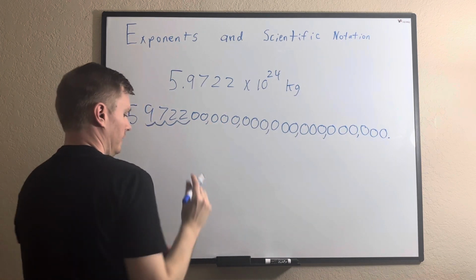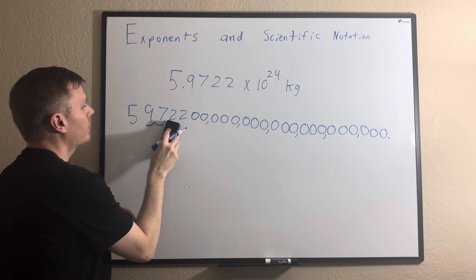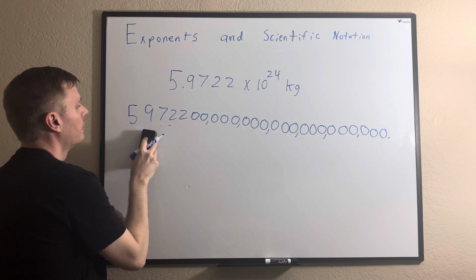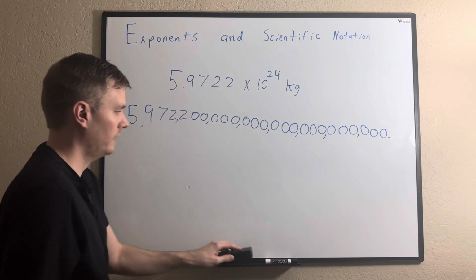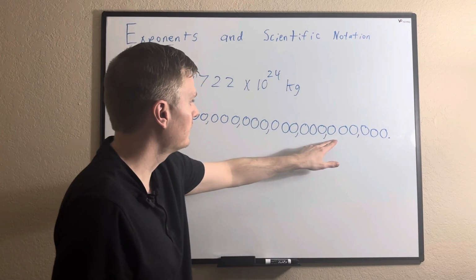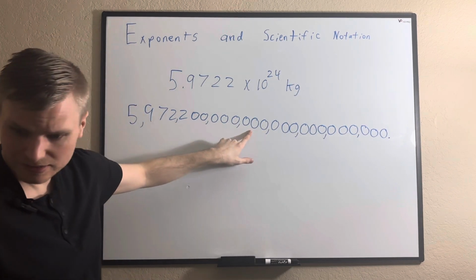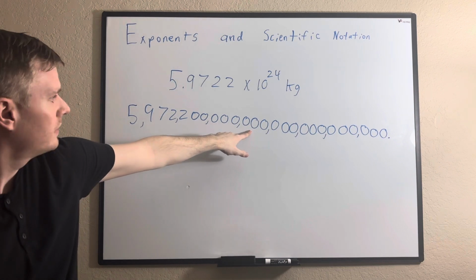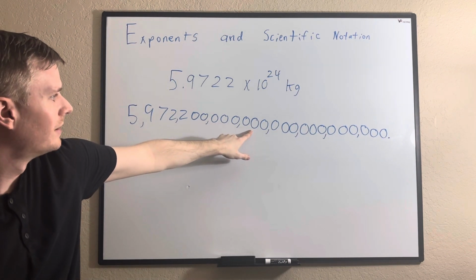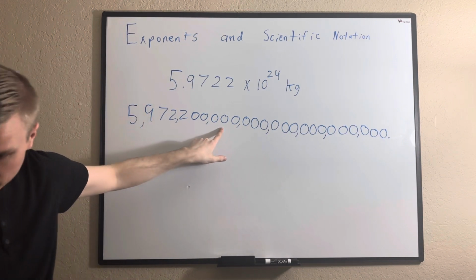That is the mass of the Earth in kilograms. Holy crap. It's the thousands, right? This is millions, billions, trillions. What comes after billion? No. Millions, billions, trillions, quadrillions.